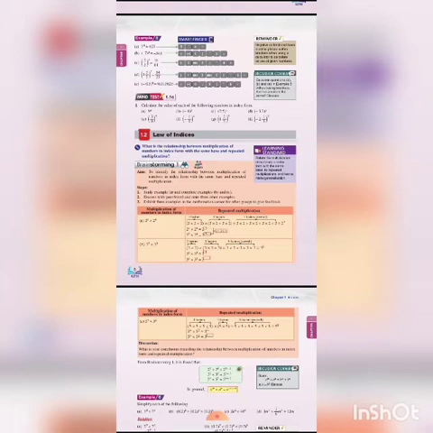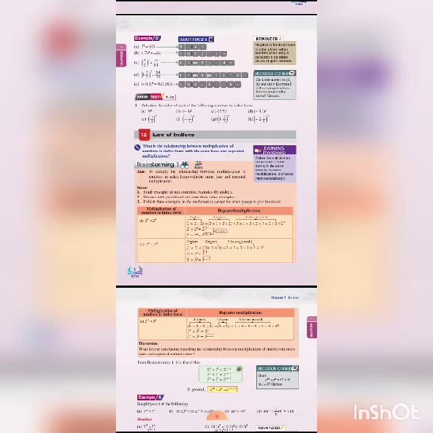So bracket 2 multiply 2 multiply 2, bracket 2 multiply 2 multiply 2 multiply 2, equal 2 multiply 2 multiply 2 multiply 2 multiply 2 multiply 2 multiply 2. So the answer is 2 square 7.